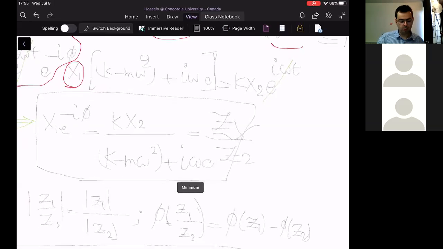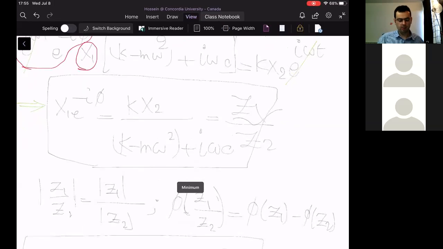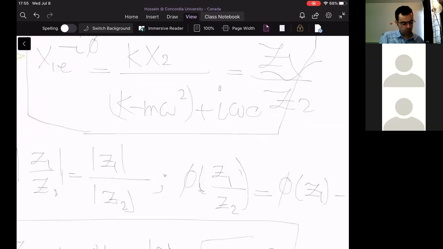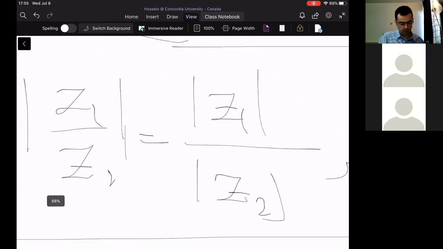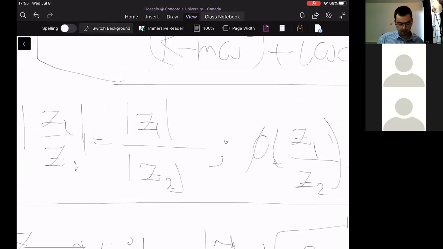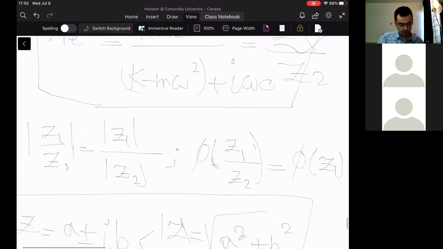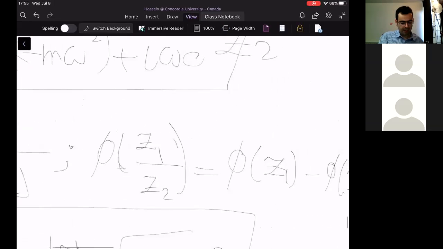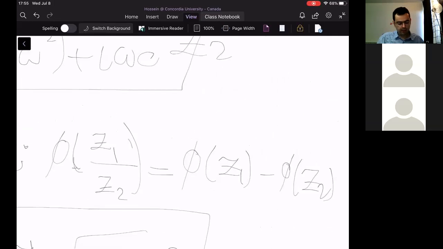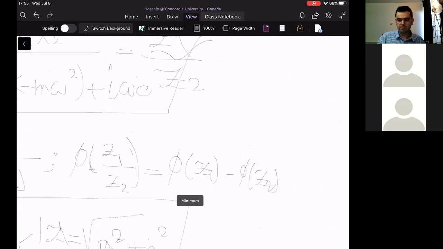I want to treat the numerator and denominator as complex numbers. For complex numbers, we know that the magnitude of Z1 over Z2 is the magnitude of the numerator divided by the magnitude of the denominator. And for the phase of a fractional complex number, the phase of Z1 over Z2 is the phase of the numerator minus the phase of the denominator.